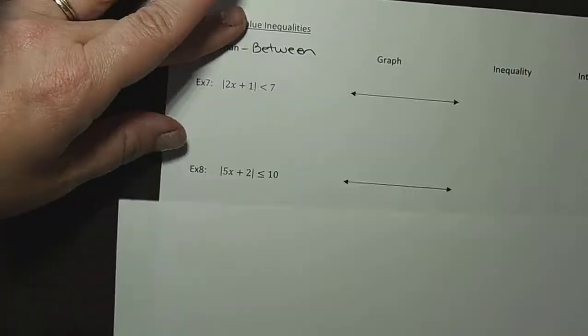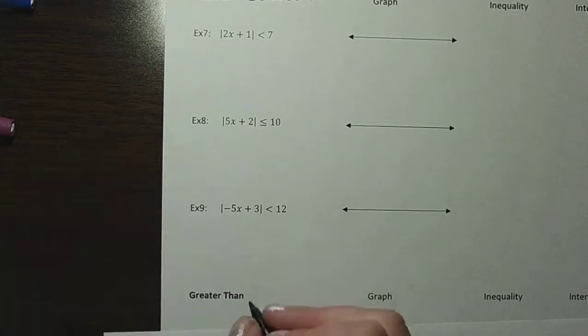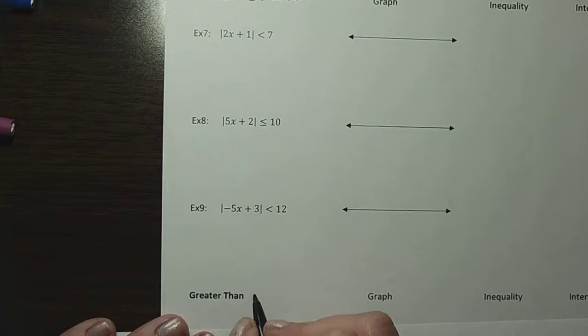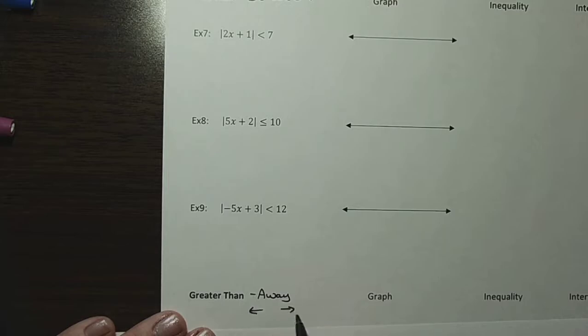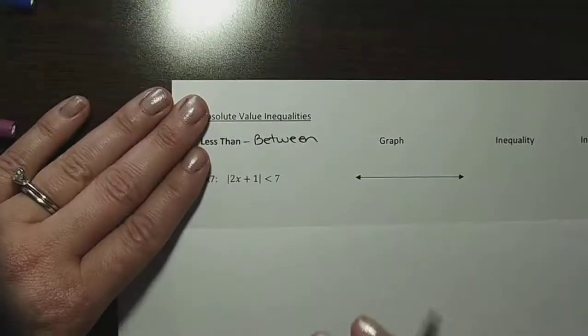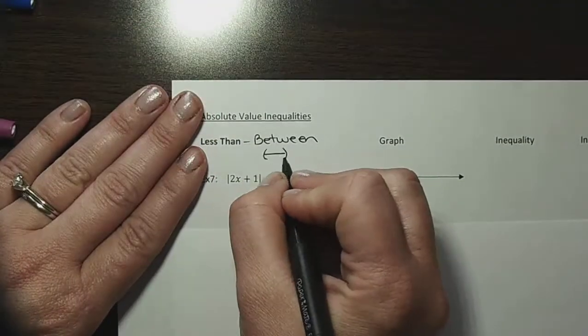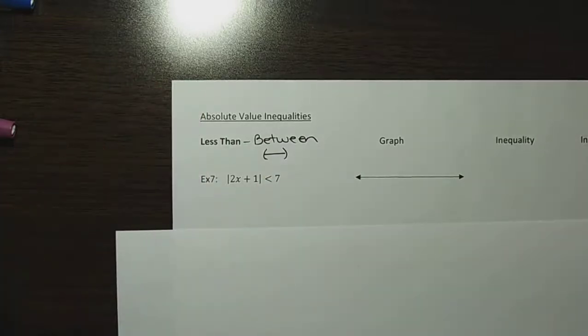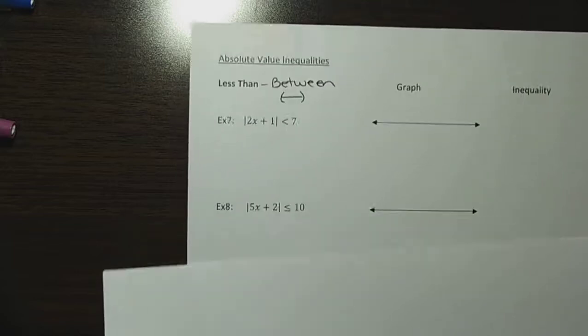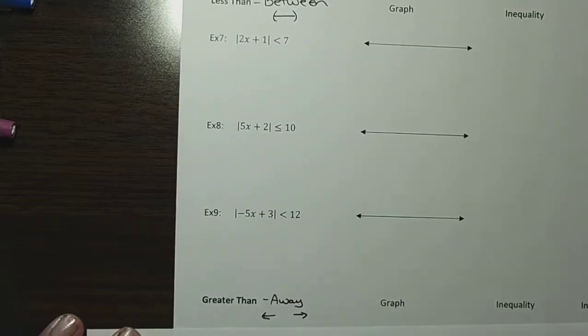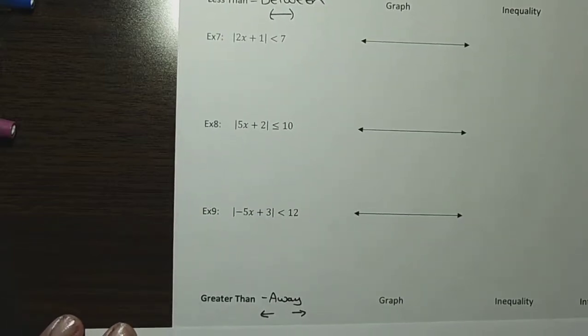And then your greater than, I'm going to put it down here so it's not confusing, your greater than is away. For away, they're going to be going in two different directions. For the between, they're going to be between each other. So between for less than, right, you want to be less than 5 miles from work, or away. Away is going to have two different answers.